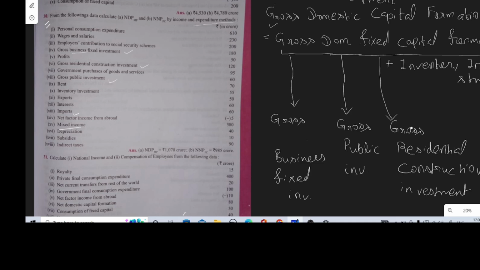All right. So in this way, we will add one, two, three, and then four. If four things are given like this, to get gross domestic capital formation or overall investment in the economy. That's it. So this will be used now when I solve question number 30. So you may note it down also, and then now we will do the sum.